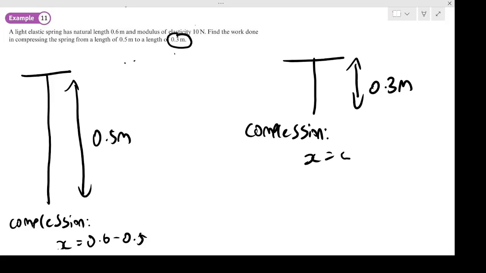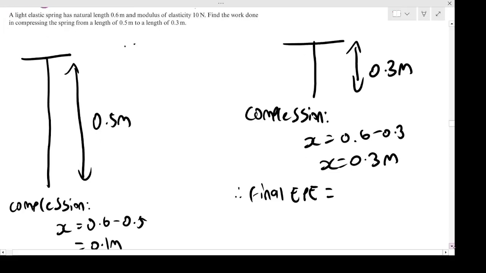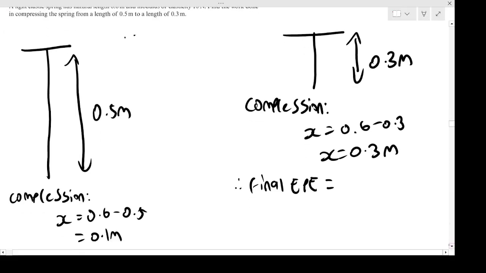So the compression has to be 0.3, right? And there we are. So therefore, my EPE here, my final EPE, the EPE at the final point here, that's going to be, again, lambda x squared over 2L.